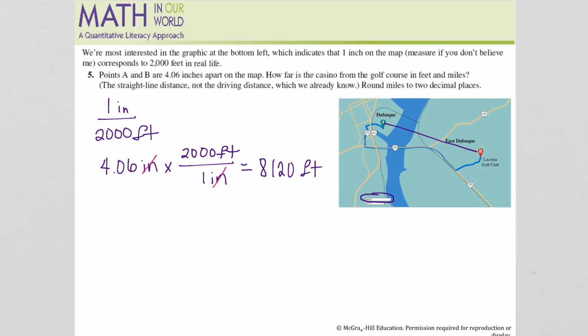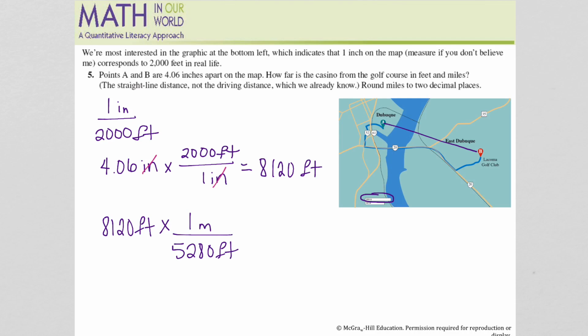It wants us to also go to miles, because we usually don't talk about a distance we're traveling in feet. And I'm going to tell you that there are 5,280 feet in a mile. So if we multiply by 1 mile over 5,280 feet.